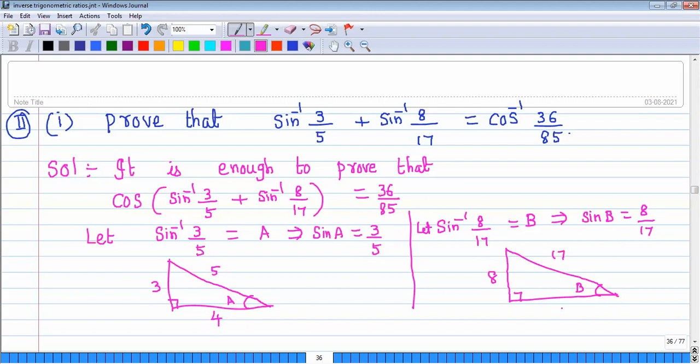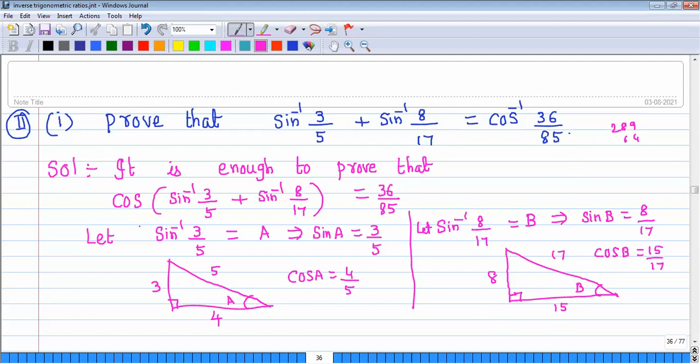What will be this side? 17 square is 289, minus 64 is 225, so 15. From this triangle we can write cos A is equal to 4 upon 5. What is the cos B value? Cos B is equal to 15 upon 17.